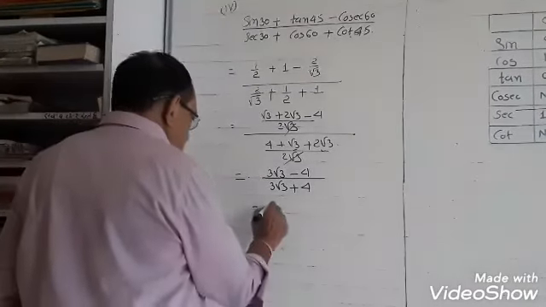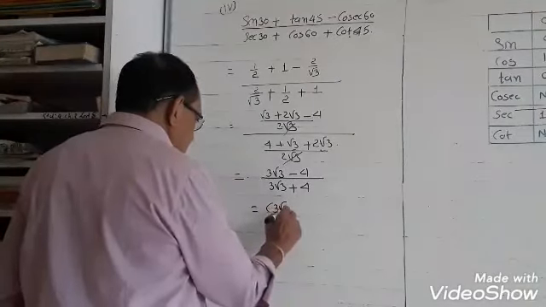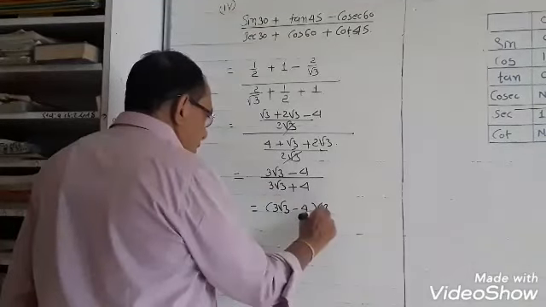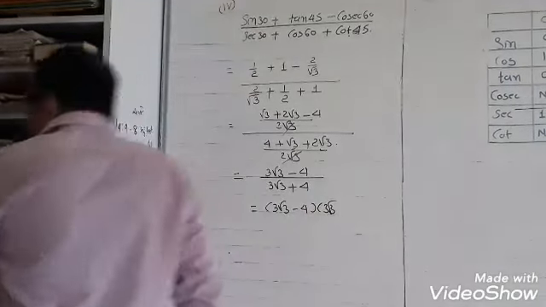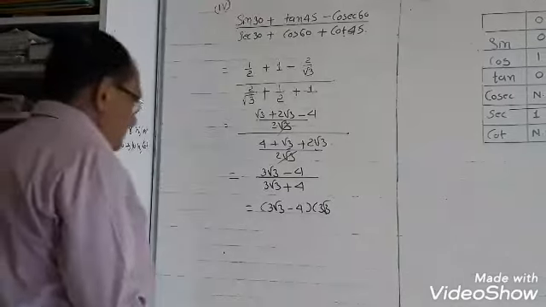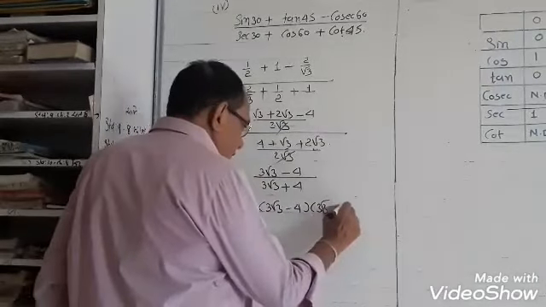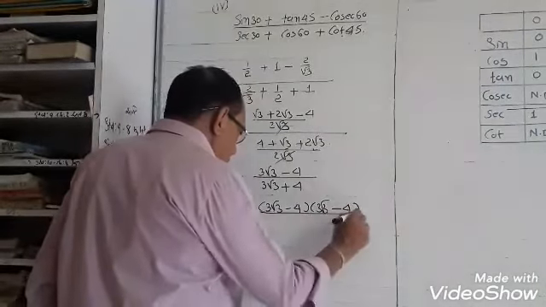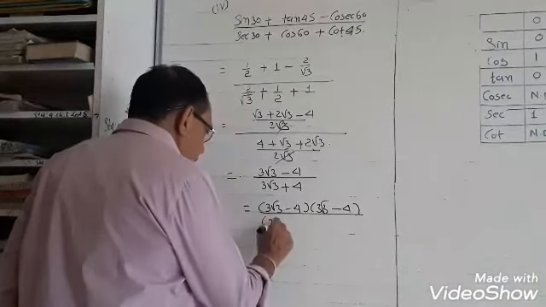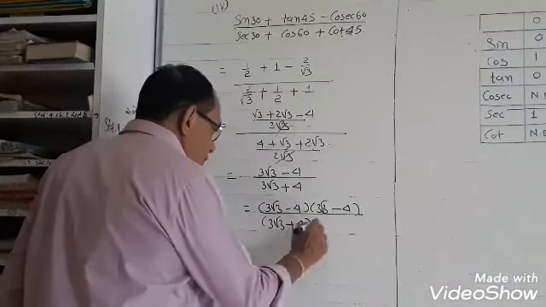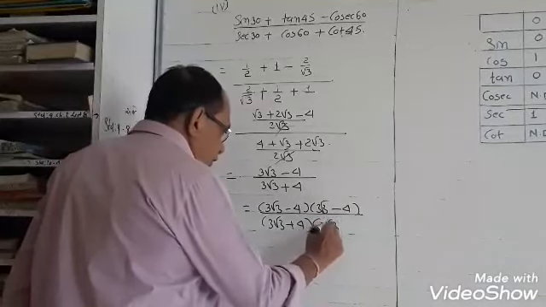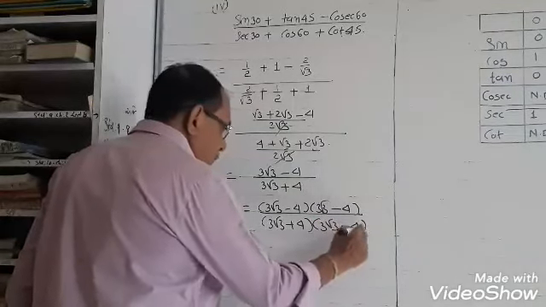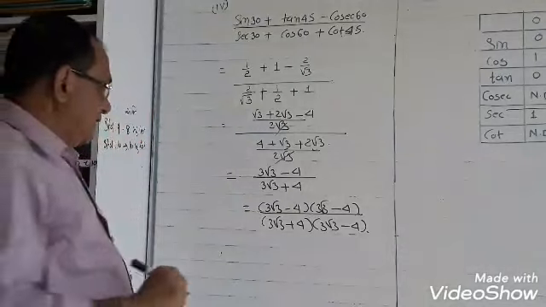Now what is the conjugate of this one? Minus 4 upon 3 root 3 plus 4 into 3 root 3 minus 4. That is your rationalizing factor.